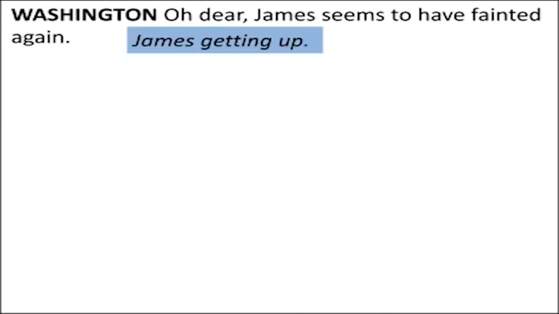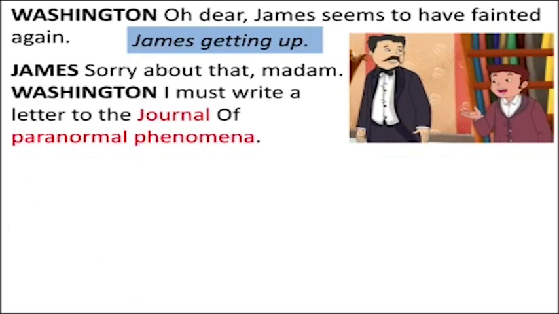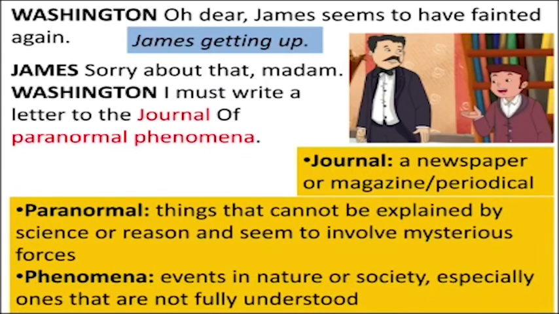Washington says, "Oh dear, James seems to have fainted again." After some time, James got to his senses and gets up there. James, "Sorry about that, madam." Washington says, "I must write a letter to the Journal of Paranormal Phenomena."